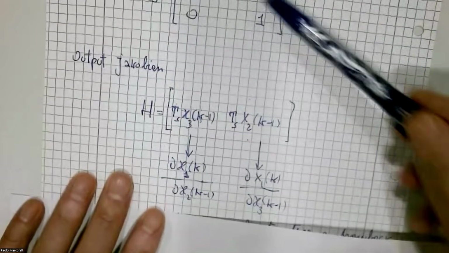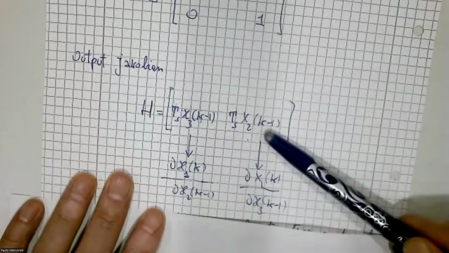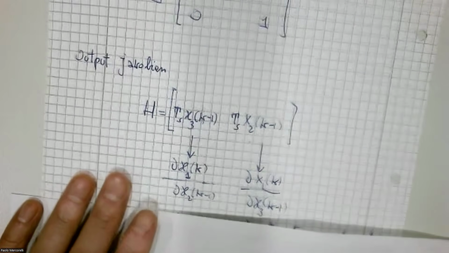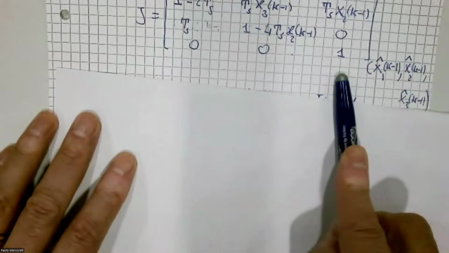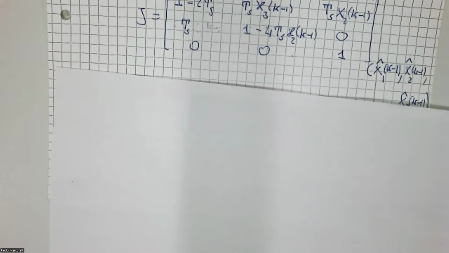But in general, look, you have 4 elements here and 2 elements here. Just with this rough consideration, we can see 6 elements with respect to 9 elements. Also, this rough criterion is important to evaluate how complex is the algorithm, because at the end, of course, the number of states is important, and the structure of the matrix.